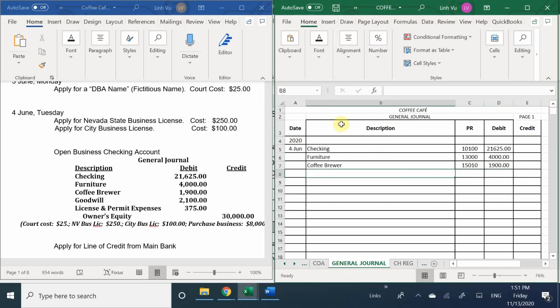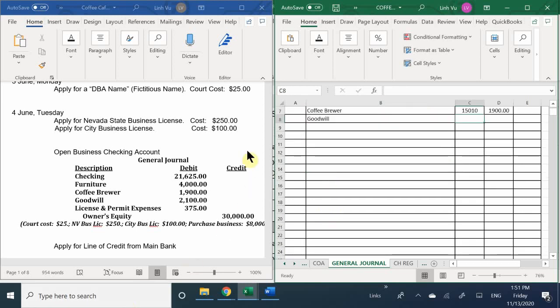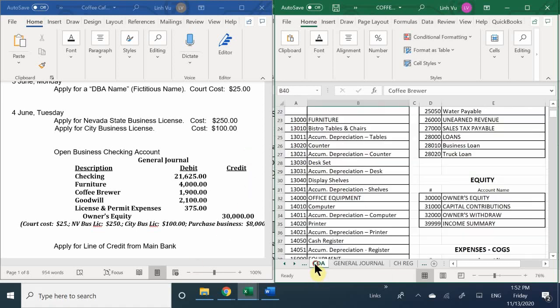Now the next thing that we bought was the business name, which is also known as Goodwill. And that account number was, I believe, 19 something.